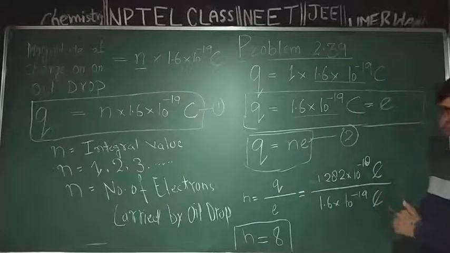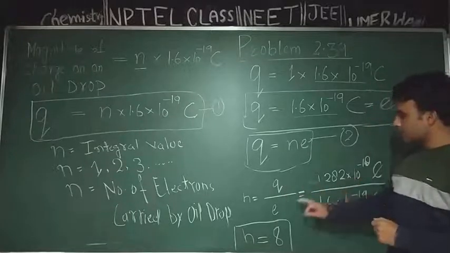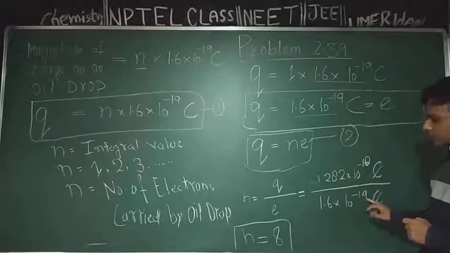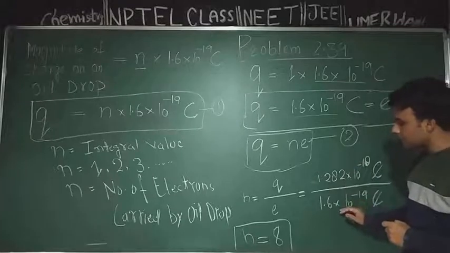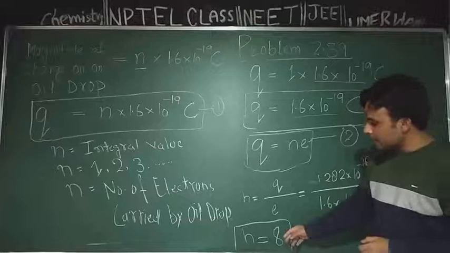Now coming to the problem, the magnitude of charge on the oil drop was given. The magnitude of charge on an electron, we now know, is 1.6 into 10 raised to power minus 19 coulombs. On dividing the magnitude of charge carried by the oil drop by the magnitude of charge on one electron, I got the number of electrons that reside on the oil drop as 8.